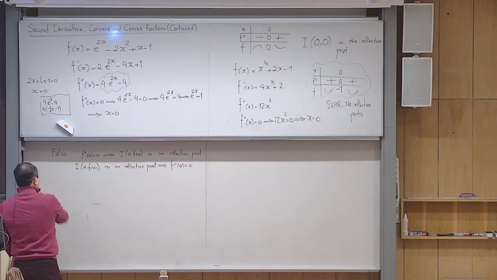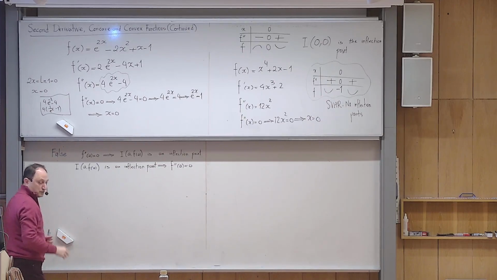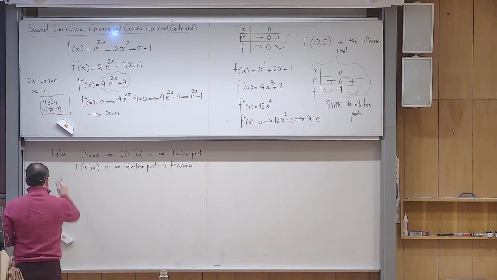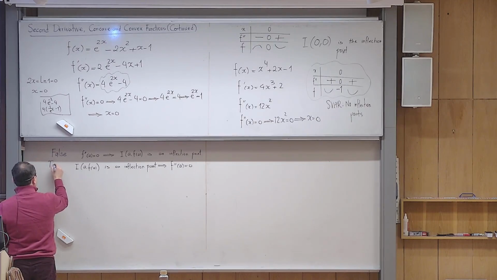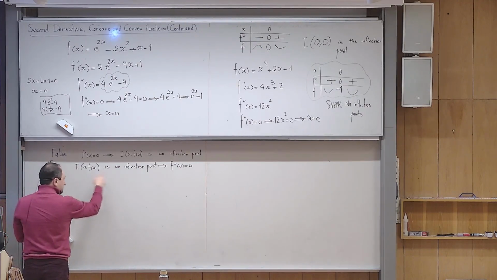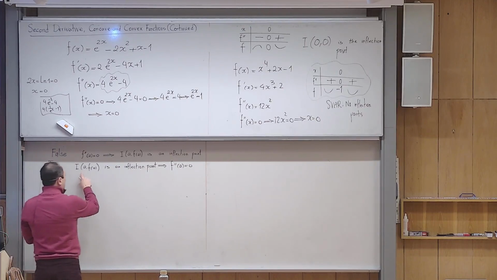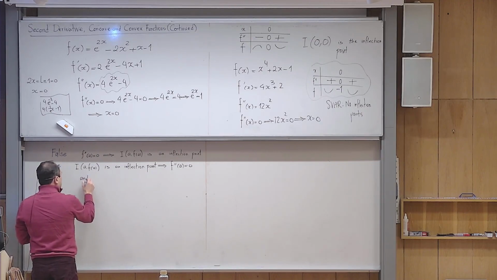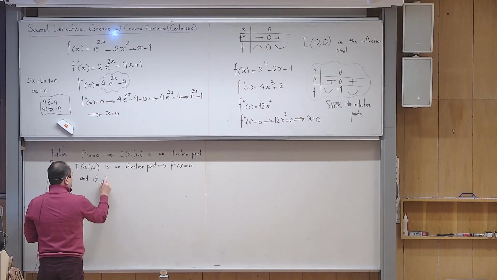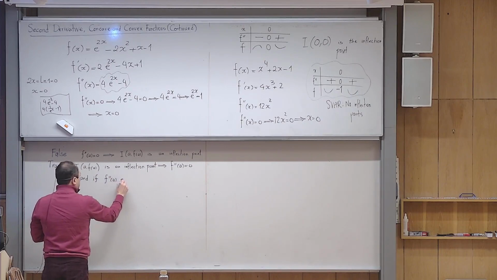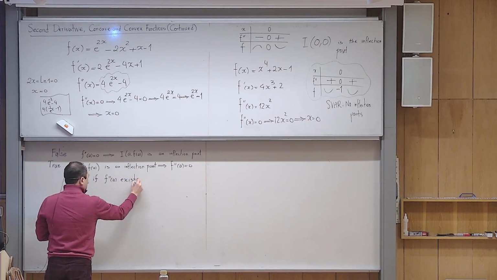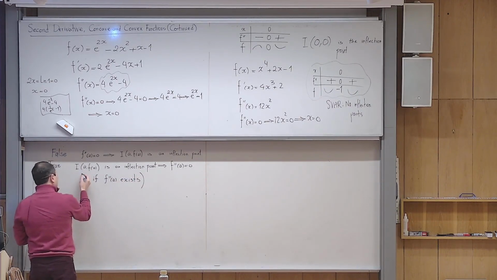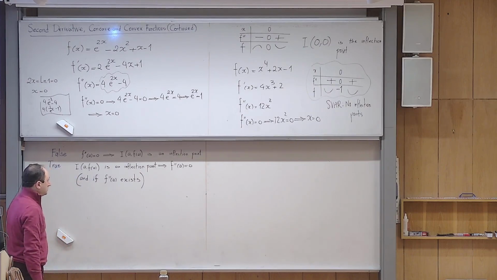And because I want to write true, I have to be careful here. So when I say it is true, it means it is always true. And this is not always true, so let us make it always true. If a is an inflection point, and if f double prime of a exists, this is the phrase that in the university you add to it, then it becomes 100% true.